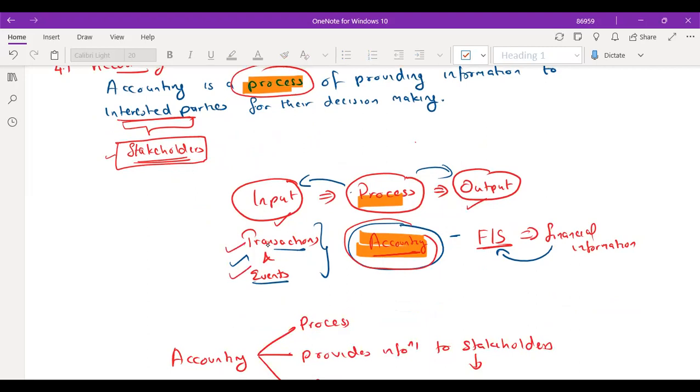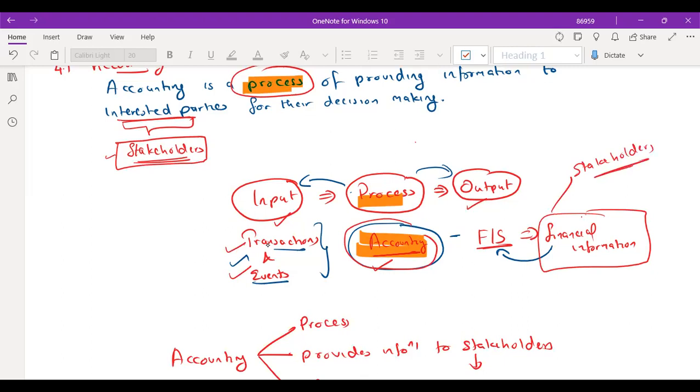The business transactions and events that happen in any business organization are the inputs to accounting. And using those inputs will be converted into output, which is called financial information. And this financial information is very useful to the stakeholders to make decisions regarding the business.